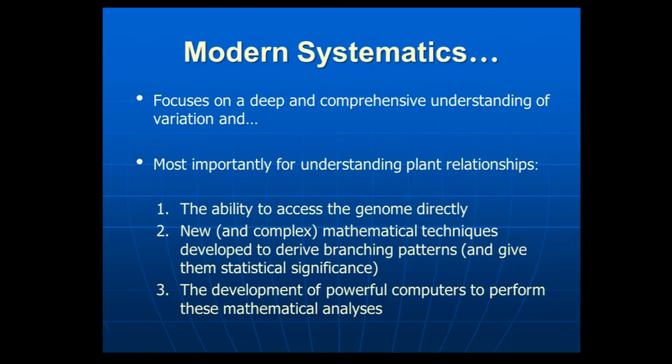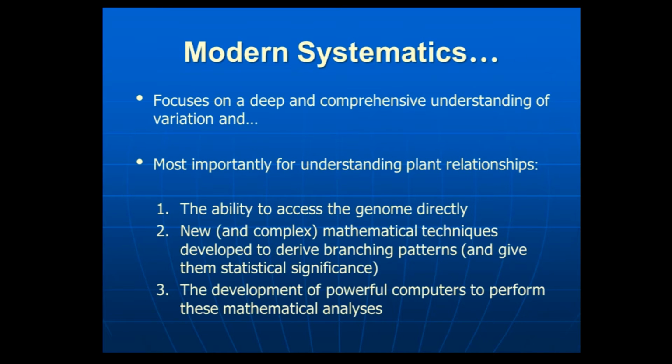Now, of course, the genome is big, and there's a lot of features that it has. So in addition to accessing the genome, you need to figure out what to do with it. And there are two other things that relate to that.